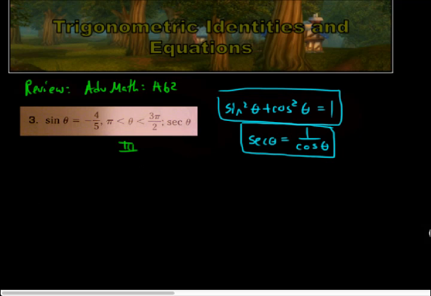So the first thing I'm going to do is plug in what I know into this equation for sine. So I have negative 4/5 squared plus cosine squared theta equals 1. So if I square this, that's 16/25 plus cos squared theta equals 1.